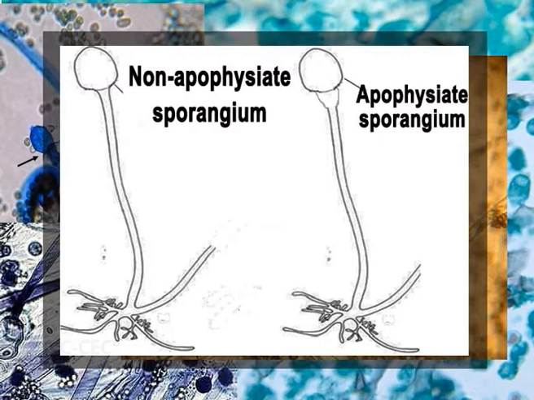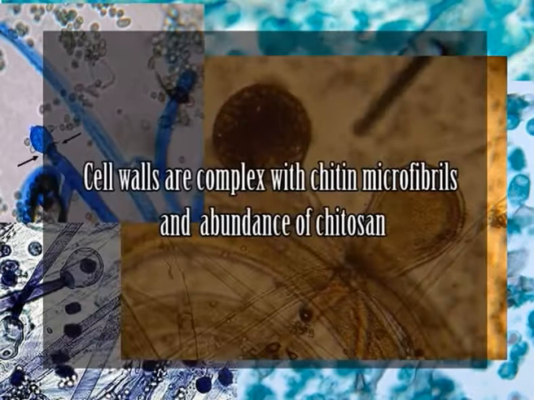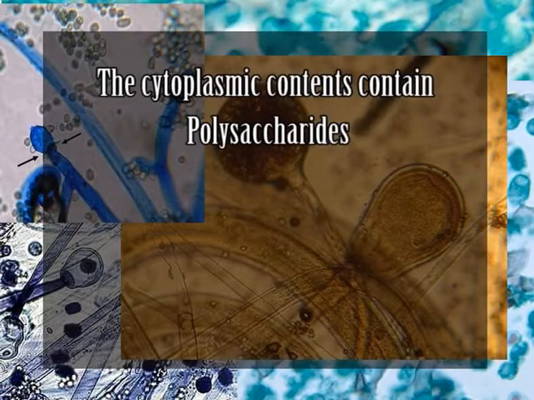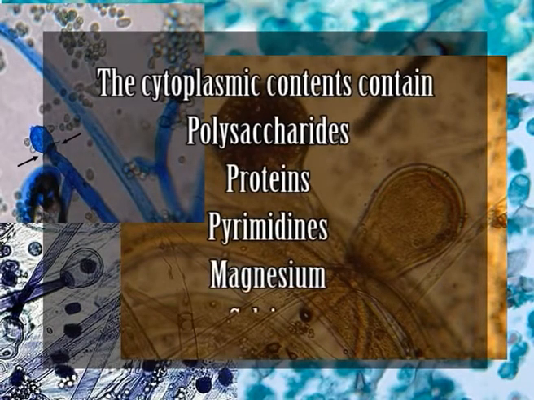The suspensors are typically enlarged, equal and opposite. Cell walls are complex with chitin microfibrils and an abundance of chitosan. The cytoplasmic contents contain polysaccharides, proteins, pyrimidines; magnesium and calcium have also been detected.